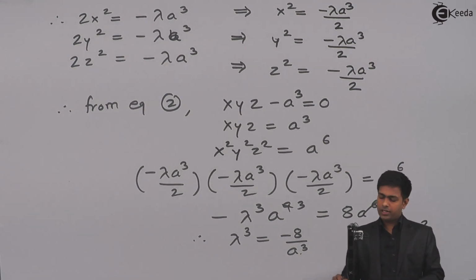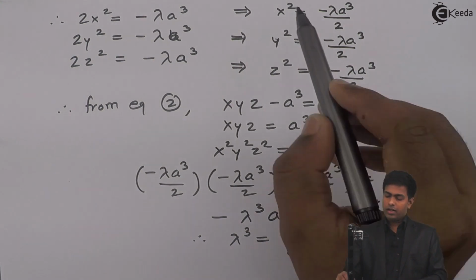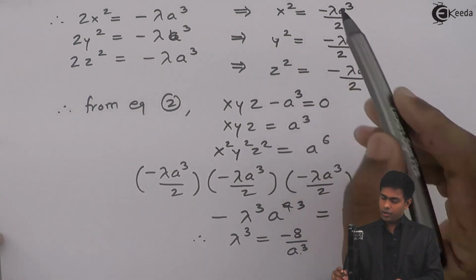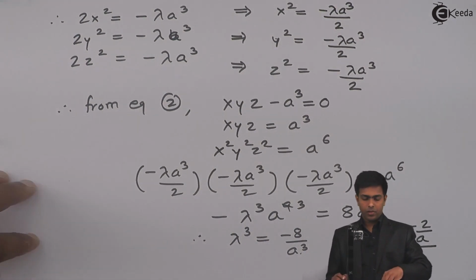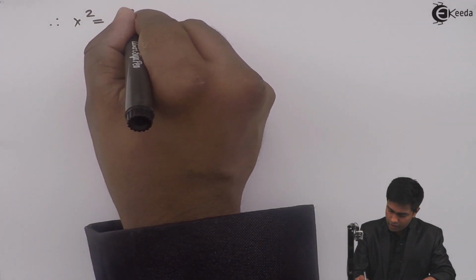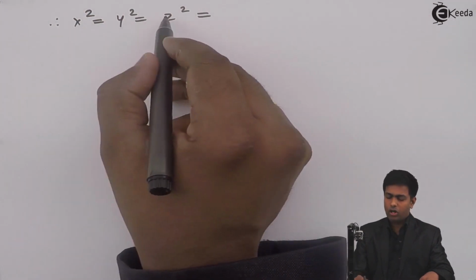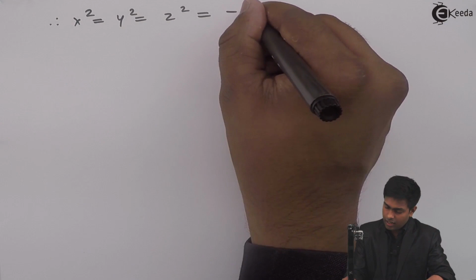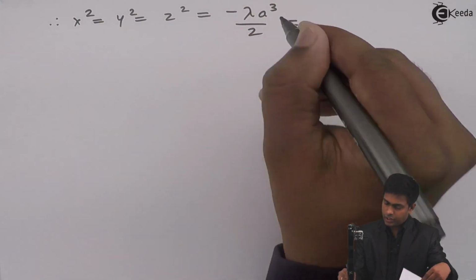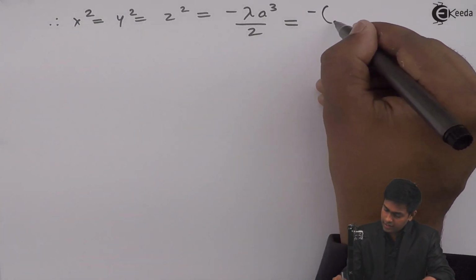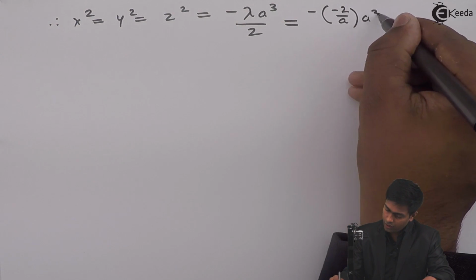Now we'll substitute this value of lambda in the values of x square, y square and z square. Because all three values are equal, x square, y square and z square will become minus lambda a cube upon 2, and the value of lambda is minus 2 by a, so this will become minus minus 2 by a into a cube upon 2.